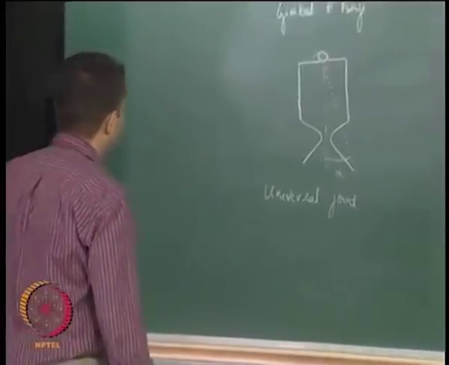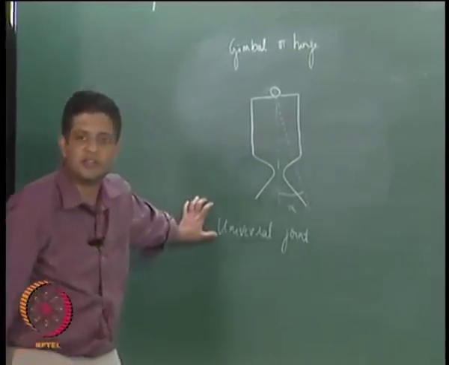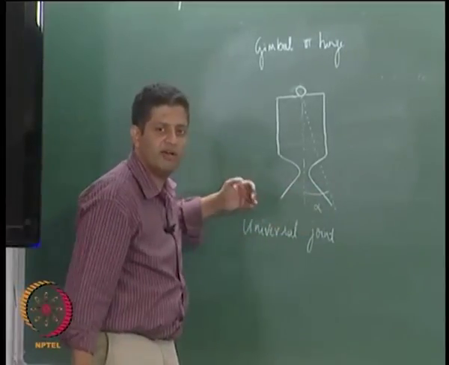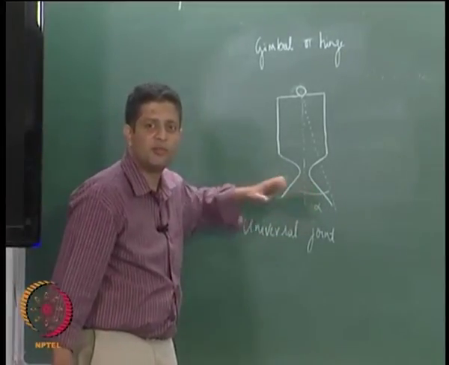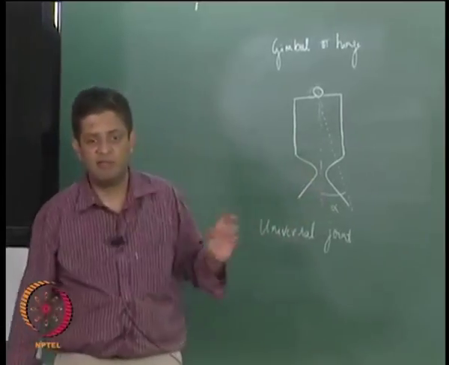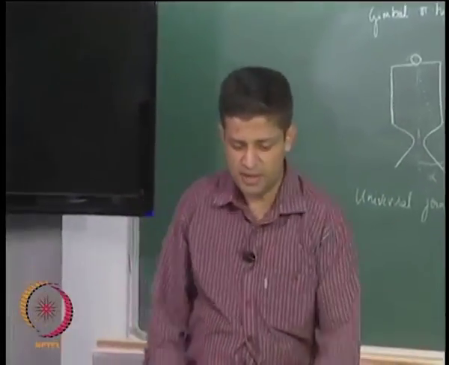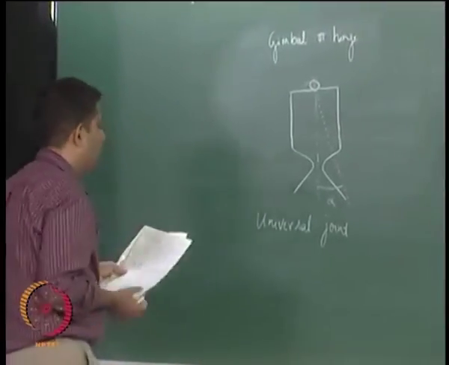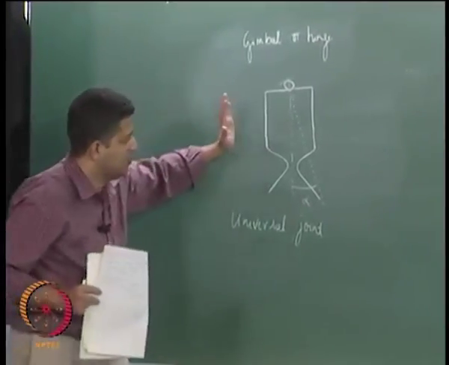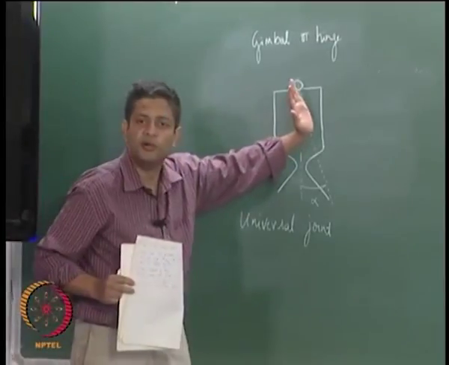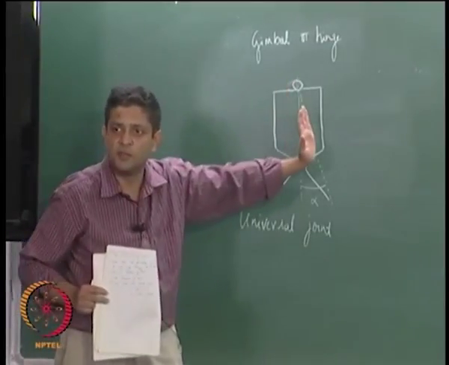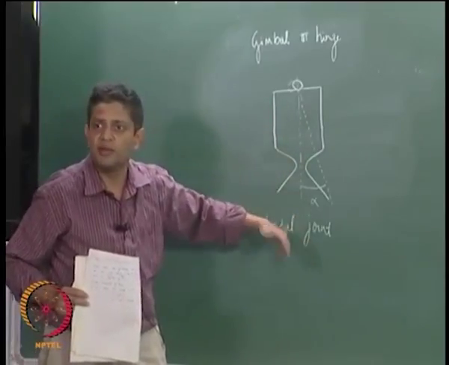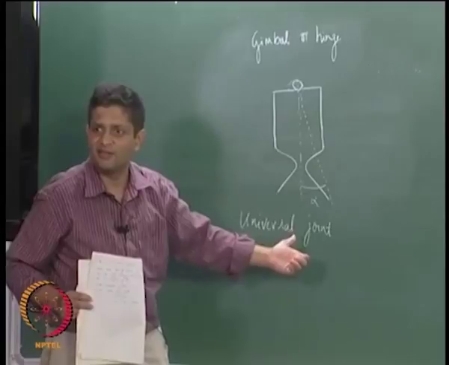If you have the entire engine mounted on a universal joint, then you can move it in this plane by alpha and also in the plane perpendicular to the board by an angle alpha. Okay. So that is what a gimbal or a hinge will do. As you can see, if the overall engine is itself moved by an angle, then the thrust produced will be the cos of this angle, right.